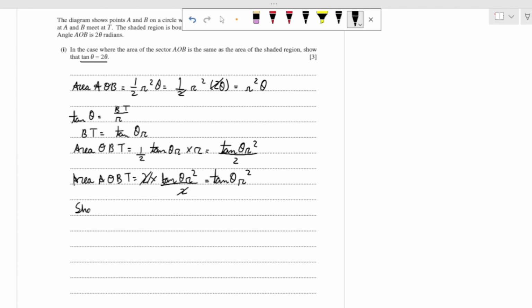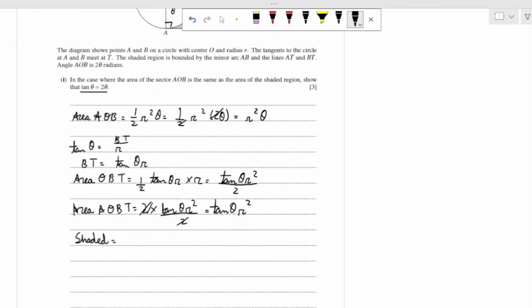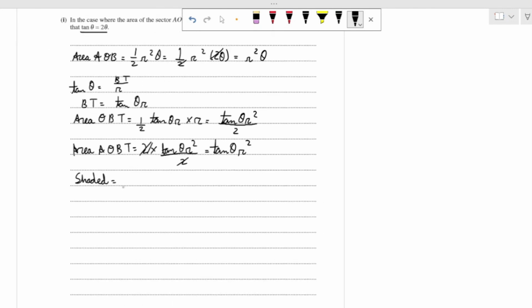Finally, the shaded area will be, if we go back up, we have found AOBT area. So the shaded area will be the area of AOBT subtracted from the area of the sector. That would be tan theta r square minus r square theta.